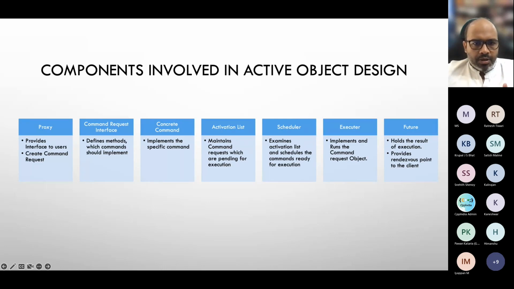One of the main components here is the command. There is an abstract interface which defines the commands which correspond to the user request, and there is a concrete implementation of those commands. We will see an example of this. And then there is the activation list and scheduler.